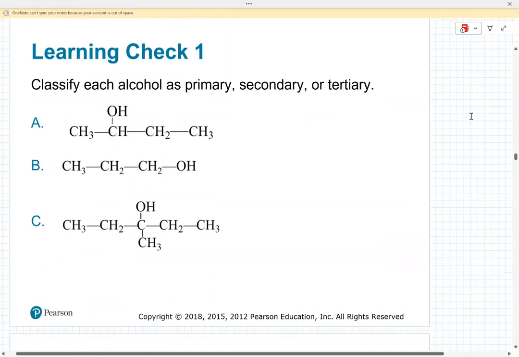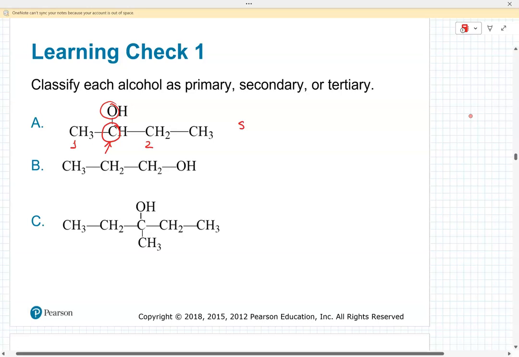So, let's classify them. A, primary, secondary, or tertiary. Let's do the analysis on the first one, okay? Oxygen, everybody agrees with it? This is the carbon that's bound to oxygen. How many more carbons is this one bound to?